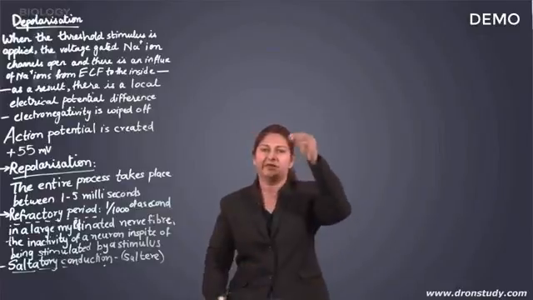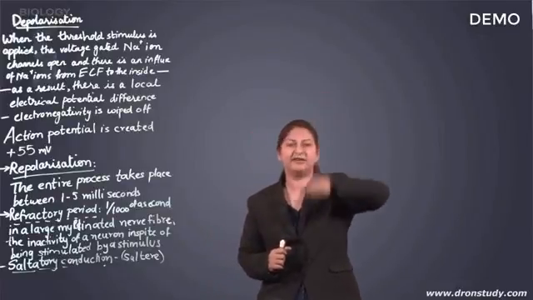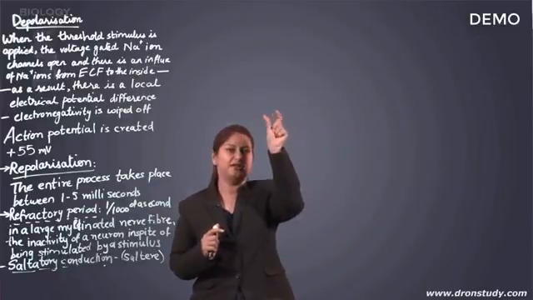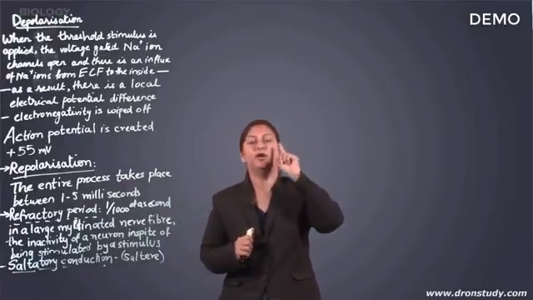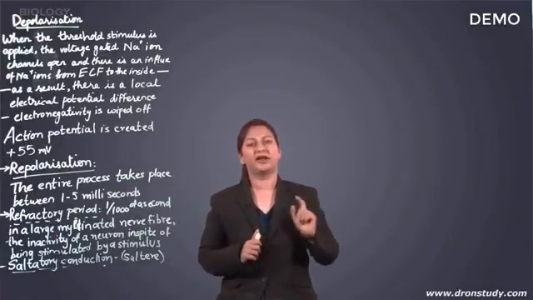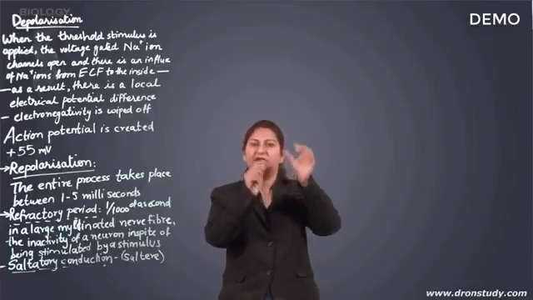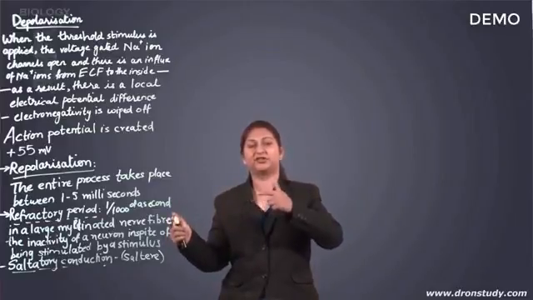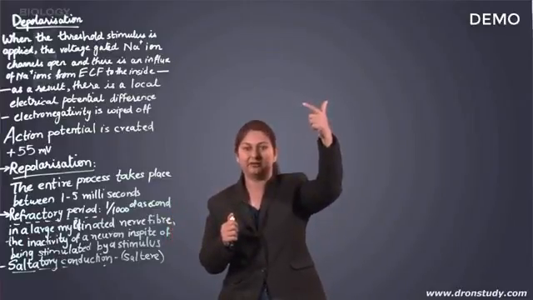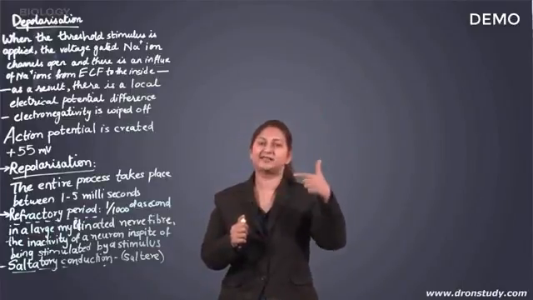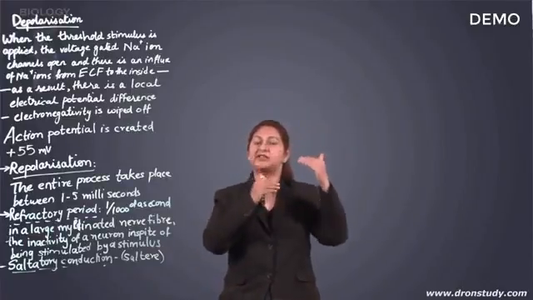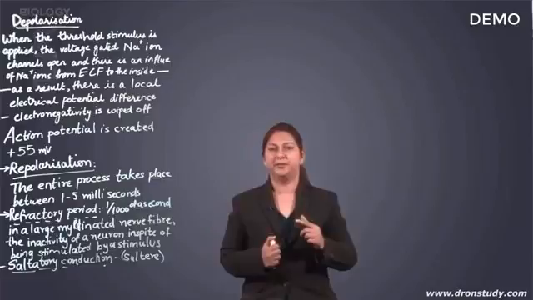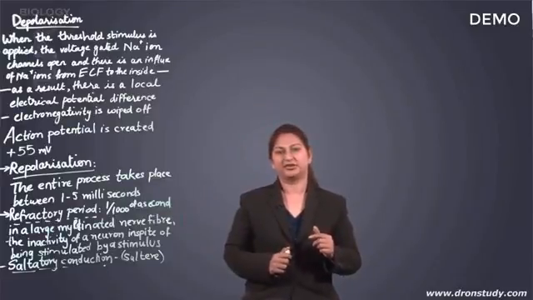Now what happens is the myelin sheath actually insulates the entire axon, but there are certain constrictions where the myelin sheath is almost not there, which is at the nodes of Ranvier. At the nodes of Ranvier, there is no myelin sheath, and so the action potential will jump from one node of Ranvier to the next adjacent node, and that is how it quickens up the process of the nerve impulse, and that is saltatory conduction.